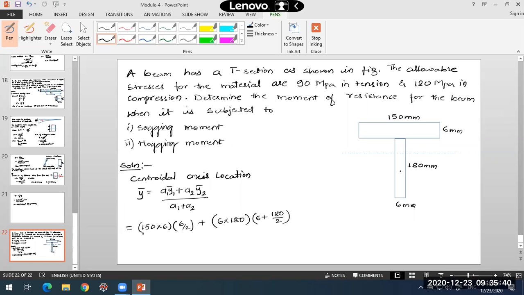This whole thing is divided by the total area, 150 into 6 plus 6 into 180, that is a1 plus a2.